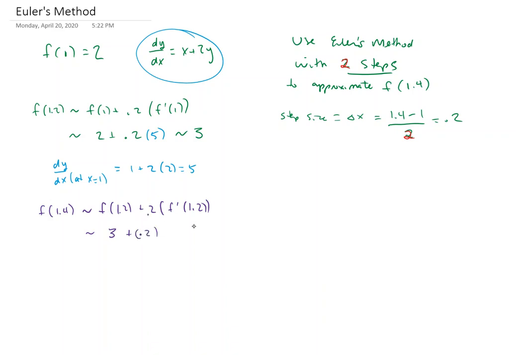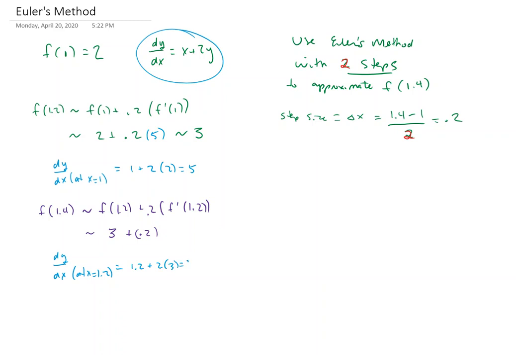Well, what's f prime of 1.2? I don't know what f prime of 1.2 is. But I can tell you that I think the point on this curve is 1.2, 3. I can use that information. So I'm plugging the 1.2 and the 3 into our formula here for dy dx. So dy dx at 1.2, 3 is going to be 1.2 plus 2 times 3.